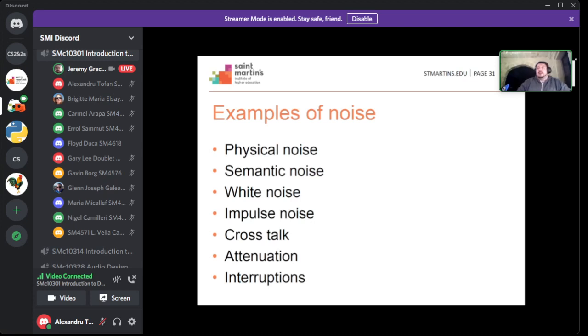Now, obviously, it might not necessarily have to happen that way. You could have crosstalk, for example, in networks, as I was mentioning.